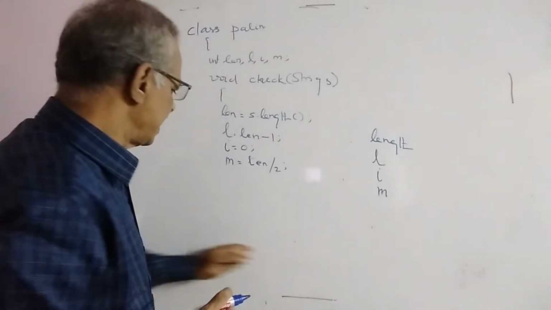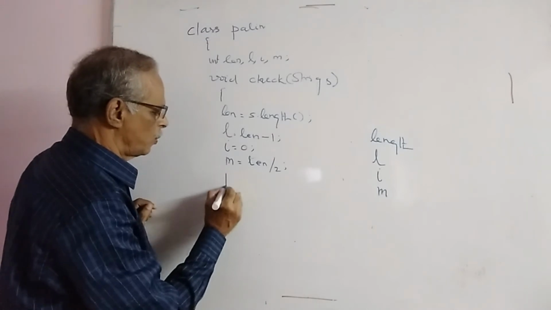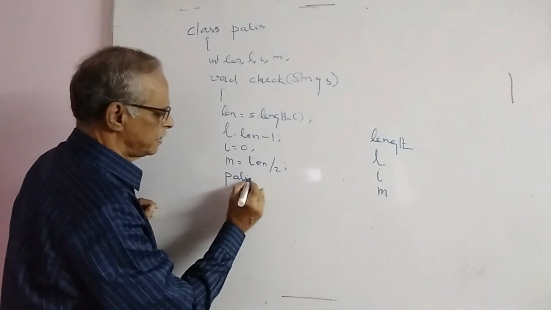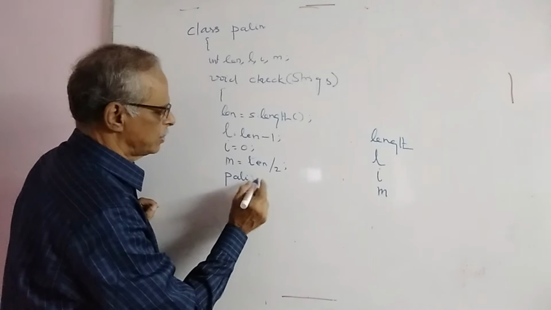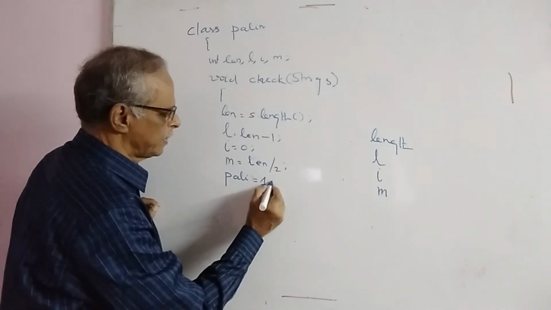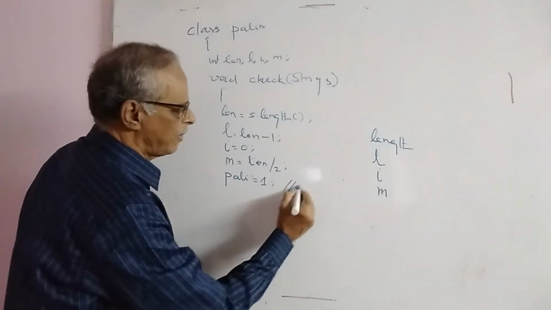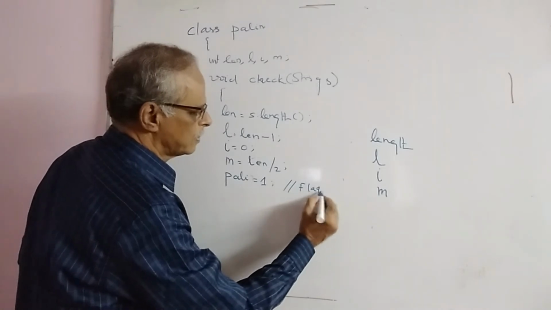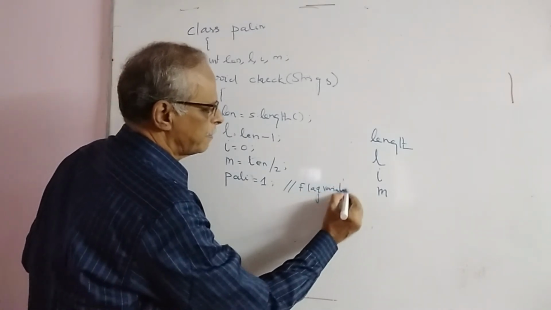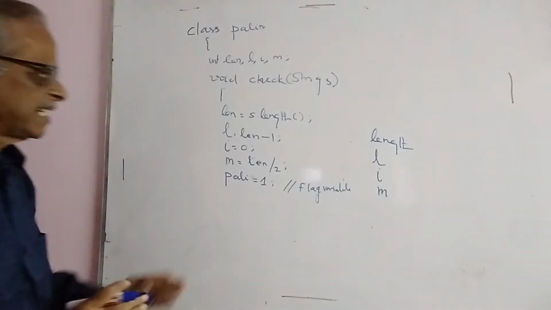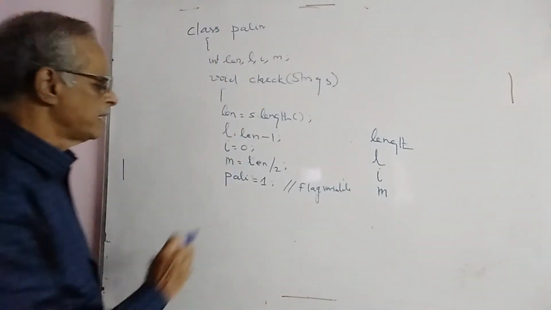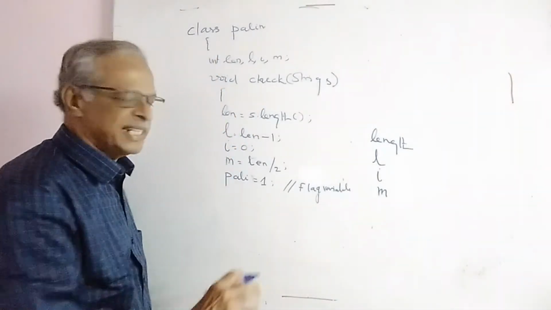Initially, we consider it is a palindrome. Pali equals 1. This is known as a flag variable. Now let us consider the given string is a palindrome. If Pali equals 1, it is a palindrome.